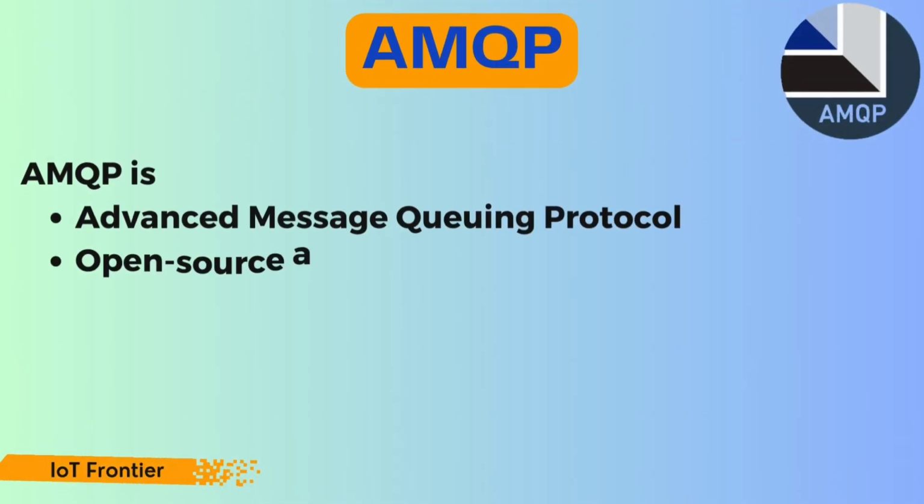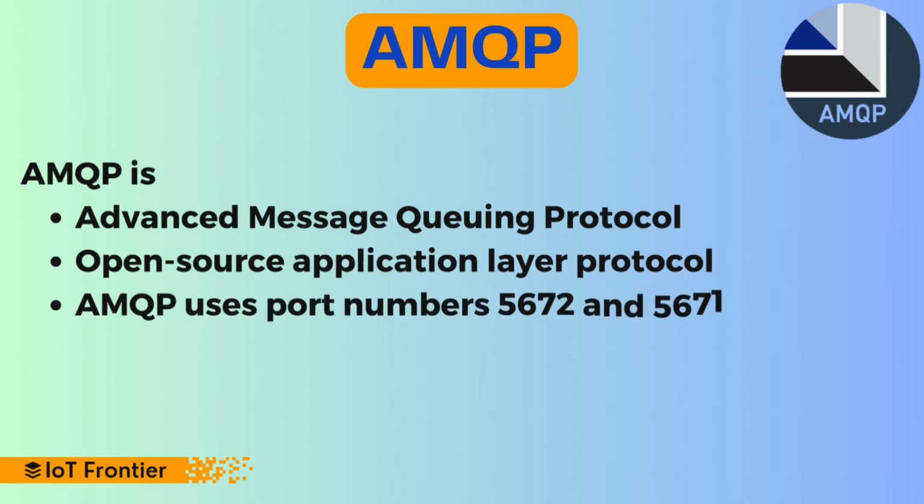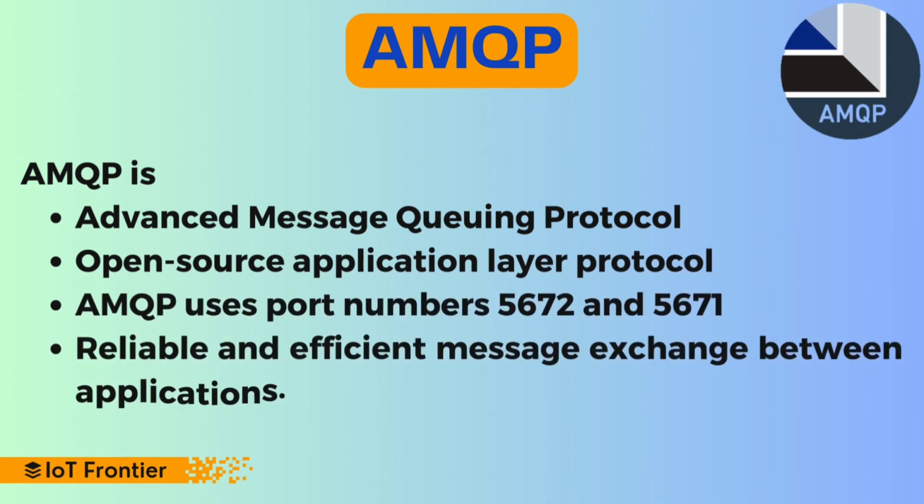AMQP is Advanced Message Queuing Protocol. It is an open source application layer protocol, and we can see it is regularly used with the ports 5671 and 5672. It provides reliable and efficient message exchange between applications. It's a standardized message protocol that enables communication between applications even if they are running on different machines.